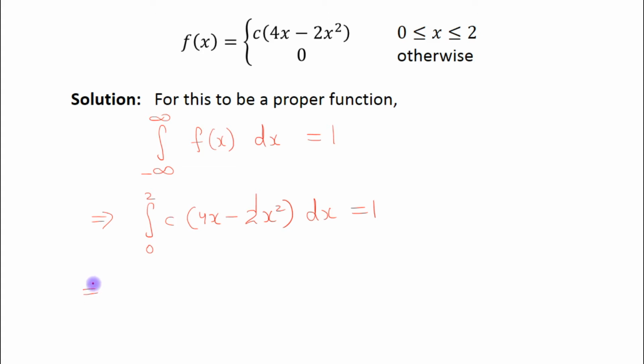Next, we can take 2 common from this bracket, so it will be 2c, integration 0 to 2, and the terms left in the bracket will be 2x minus x squared, dx equals 1.